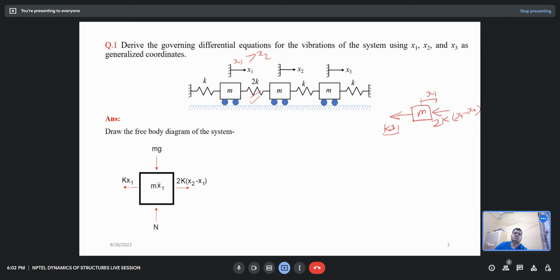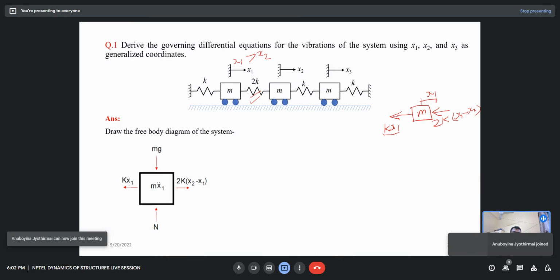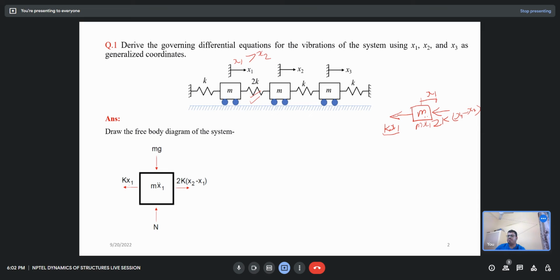These are the forces, and for this mass block, the inertial force would be mx1 double dot. This way we will develop the differential equation for the different masses. Here we have 2k(x1 minus x2); in this figure the sign is changed, so that becomes x2 minus x1.